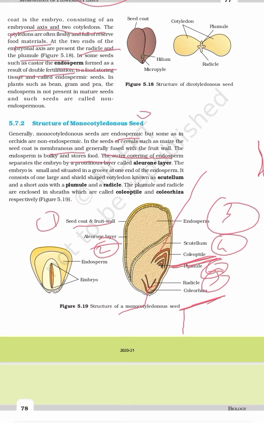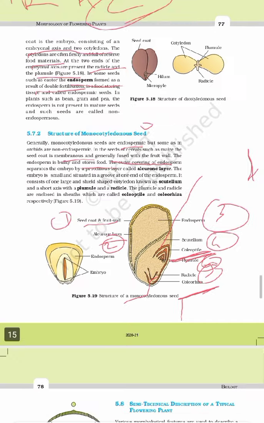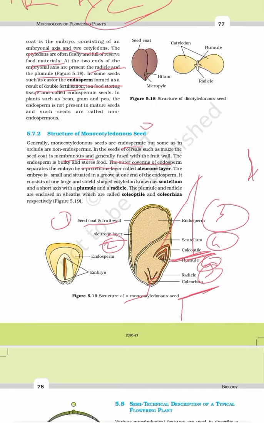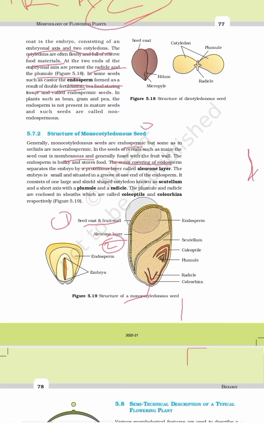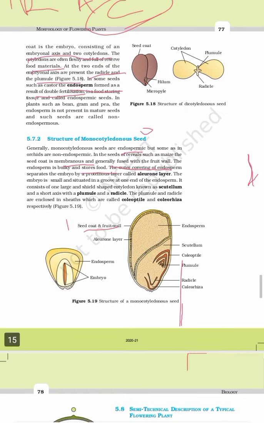Again I am repeating the words: seed coat, aleurone layer, endosperm, scutellum, coleoptile, which is the protection of the plumule, and coleorhiza, the protection of the radicle. There are two types of seed as per what we learned, monocotyledon and dicotyledon. Now let us move ahead.